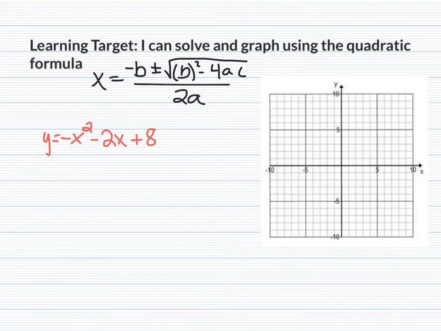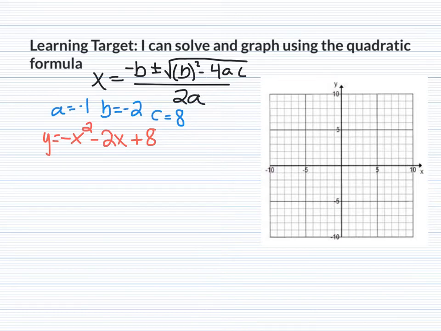Okay, so always with these problems, it helps to identify a equals negative 1, b is negative 2, and c is 8. So we are going to plug into this formula. You can take a moment, pause, try it out, see if you get the same stuff since we've been practicing it in class, and then wait for me or fast forward to that.